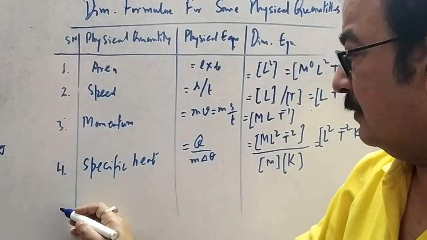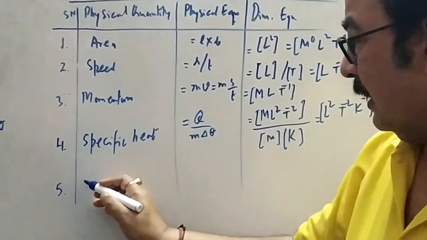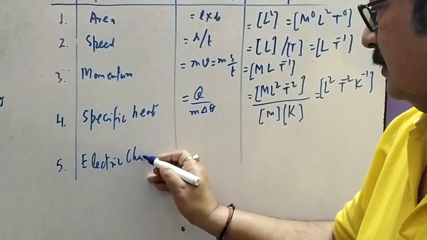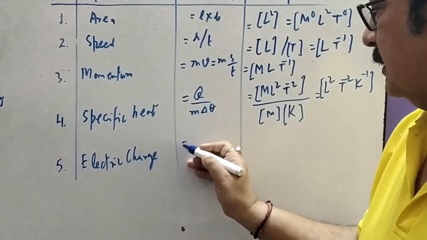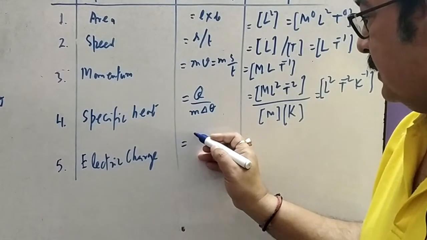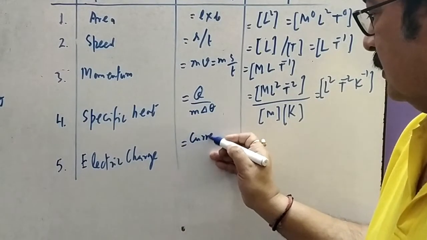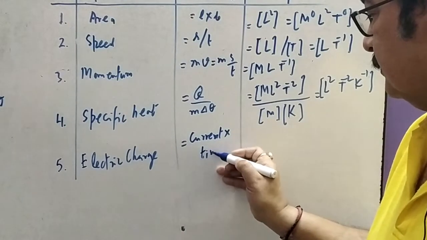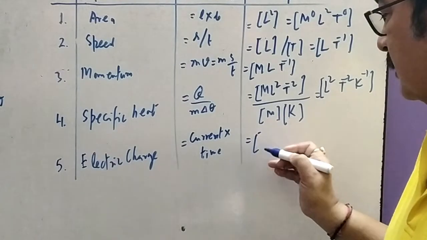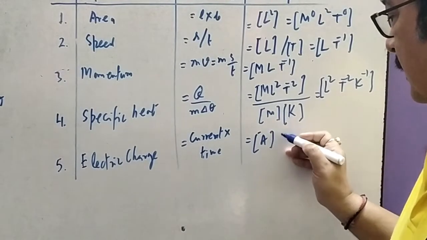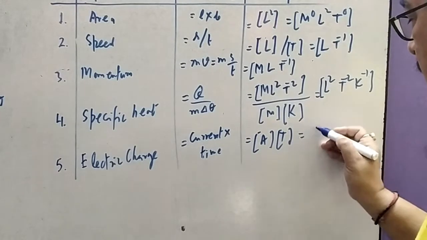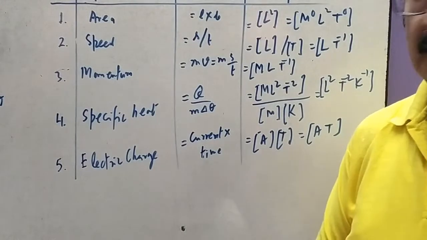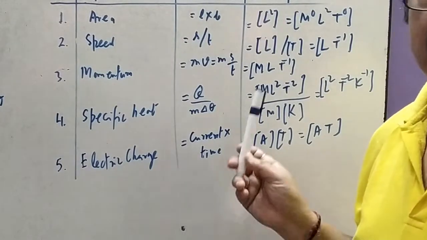Similarly, suppose we have electric charge. It could be equal to current into time, and you know the dimension of current is A and time is T. We write AT as the dimensional formula of this term, that is electric charge.